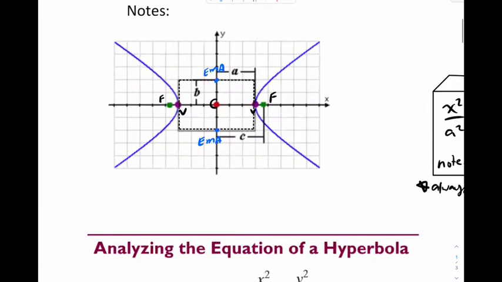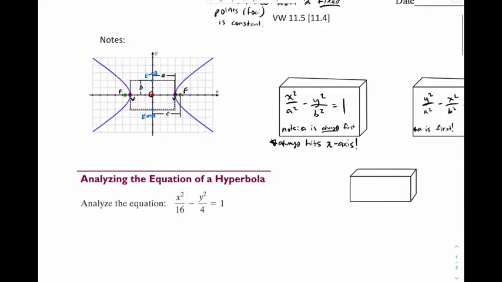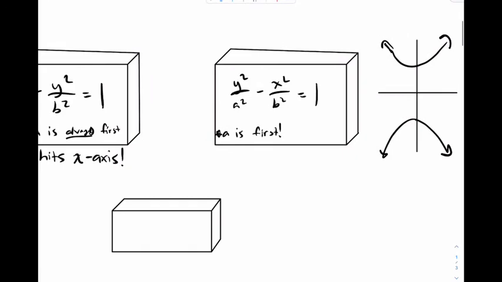No matter where you draw these two parabolas, if it's oriented this way, it must hit this axis. But notice how this does not hit the y-axis. So you flip it around right here. This will always hit the y-axis, because no matter how you orient these two, because they're vertical like this, it has to hit the y-axis.